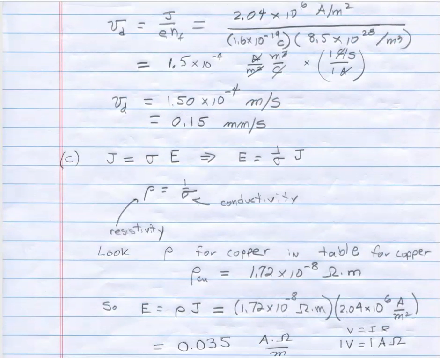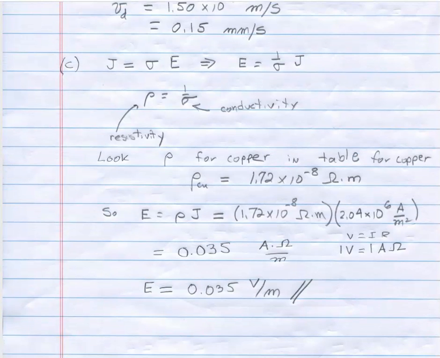In general, you'll have to either be given or look up in tables the resistivity for copper. And I looked it up online, actually, in the source I pulled up from online, the resistivity of copper at sort of room temperature is a little over 1.7 times 10 to the minus 8 ohms times meters.